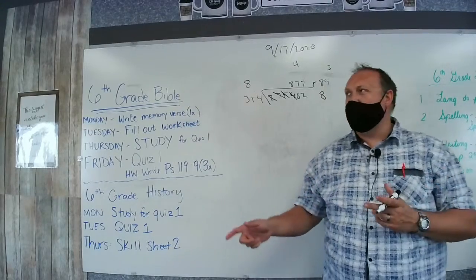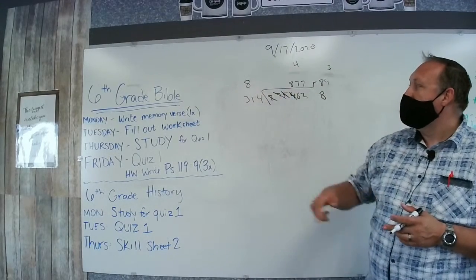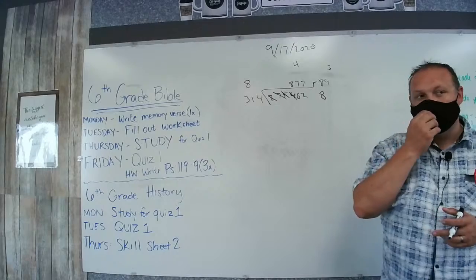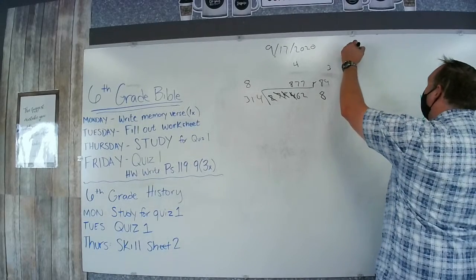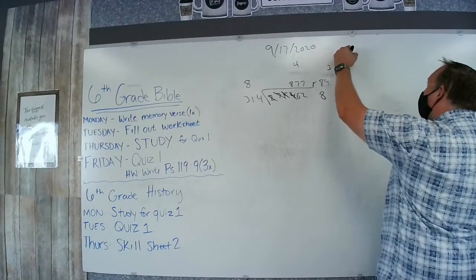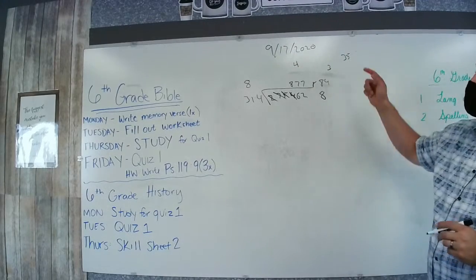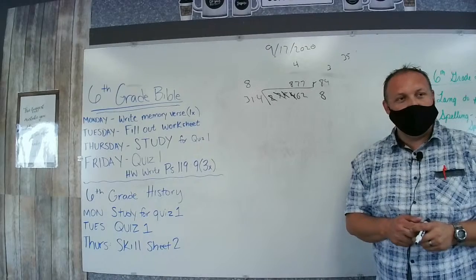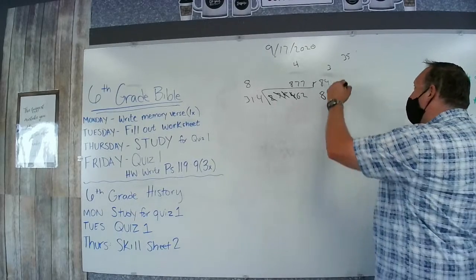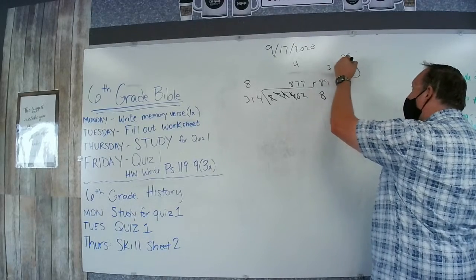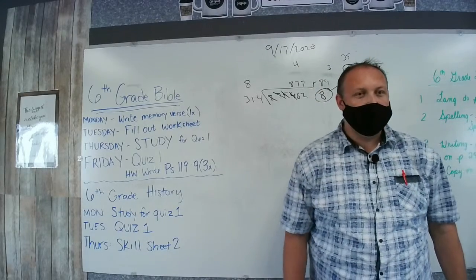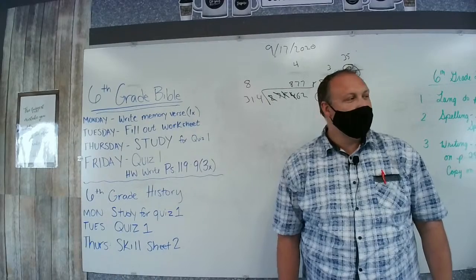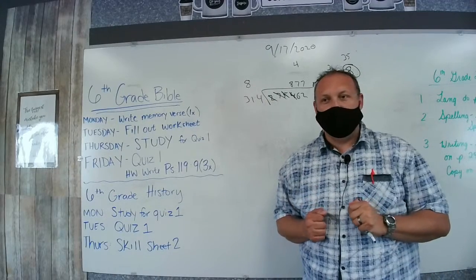Only difference is we're using our smaller numbers, okay? 8 times 4 is 32 plus 3 is 35. That's a 2-digit number. What do we have to do? Add it together. What do we get? Okay? Any questions on that?